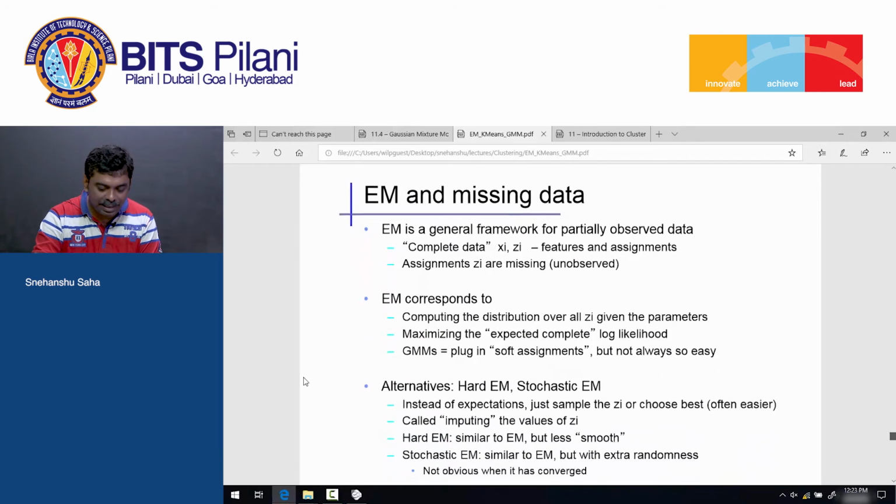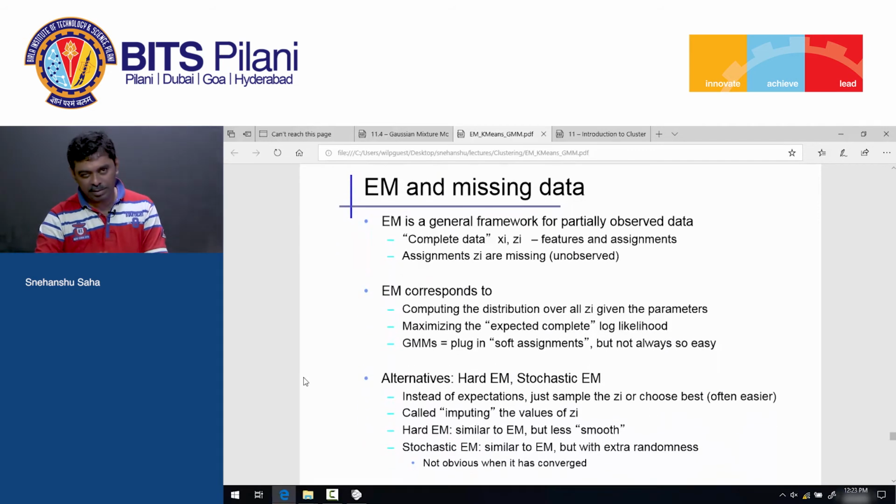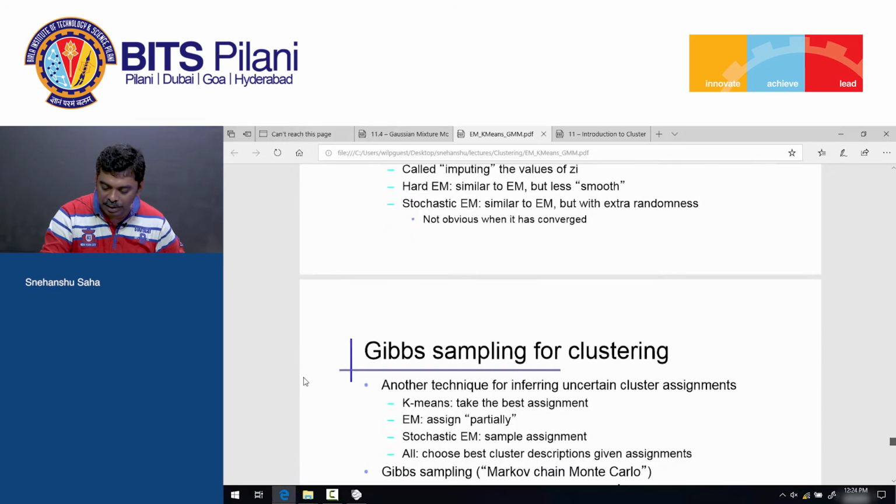Expectation maximization is a general framework. It is not right to call it an algorithm per se, and it corresponds to maximizing the expected complete log likelihood. Okay, all right. So basically, the Gaussian mixture model is an improvement on k-means by having that soft assignment operation. And there are different other versions of expectation maximization and Gaussian mixture models, but we are not going to talk about that now.